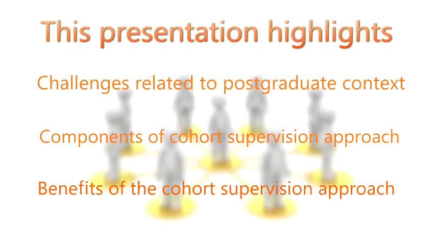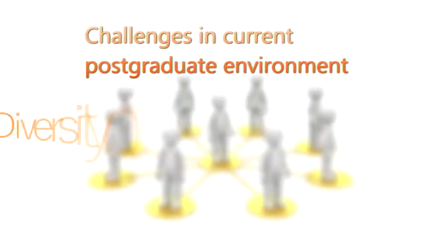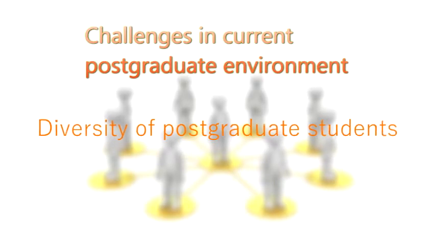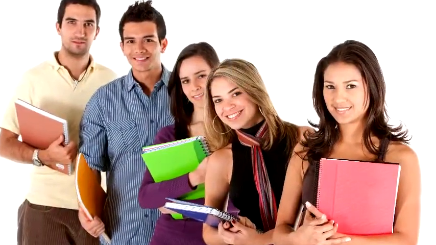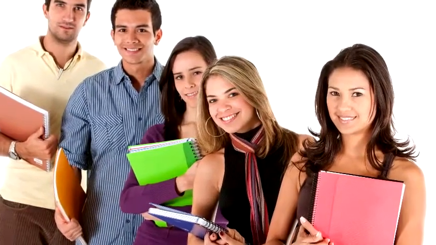In terms of the challenges in the current postgraduate environment, we know that apart from increasing numbers of postgraduate students, we also see that those large groups of students come from very diverse backgrounds and have different needs in terms of the level of capacity development that they need, the level of competencies that they currently have, and therefore we know that they have different support needs.